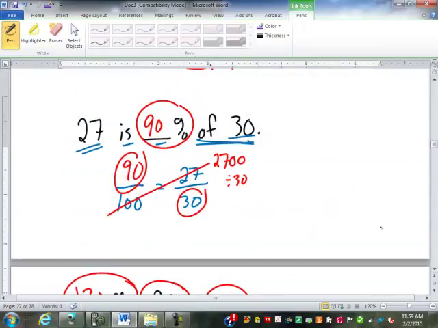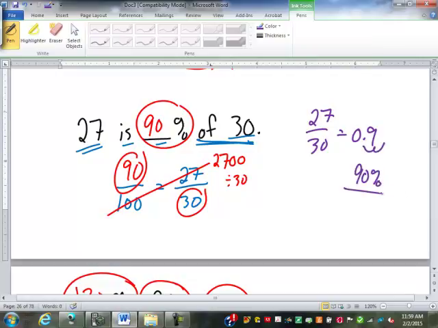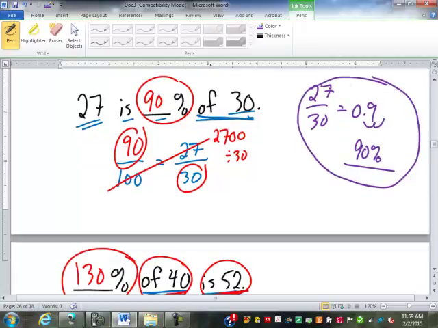And there's even a third kind of problem like this one where we're not given the percent. We have to take 27 divided by 30 to get 0.9, and then we have to move the decimal to make that rate into a percent of 90%. So there are 3 different types of calculation you have to remember and figure out which one to use. This is the way I was taught, by the way, and I'm pretty good at it, so that's the way I do it on my own a lot of times.